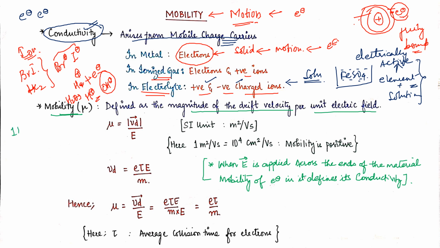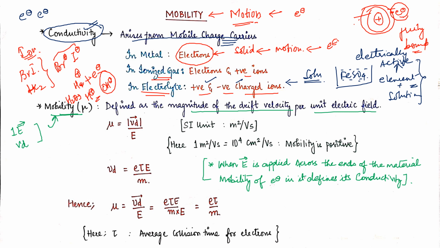If I am applying 1 volt per meter of electric field to the material, the drift shown by the electron is known as mobility.